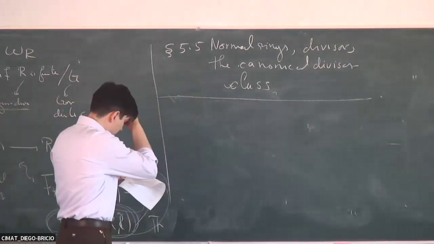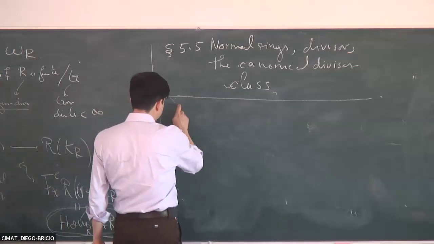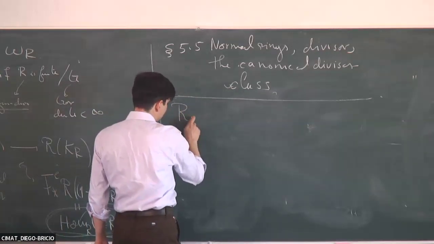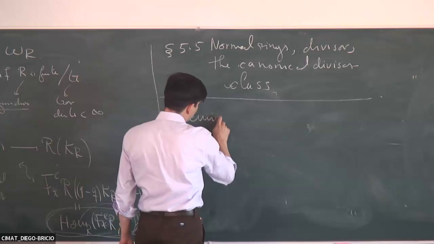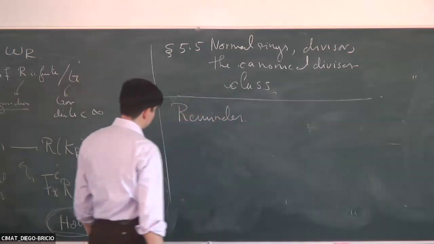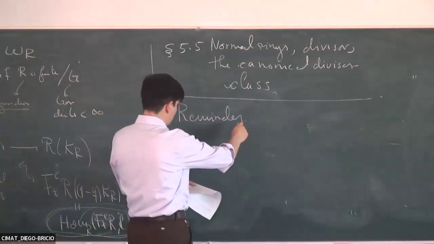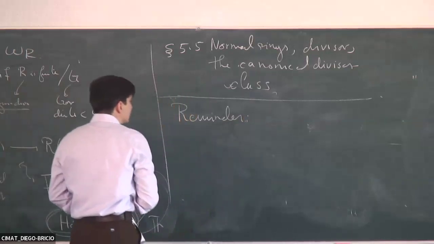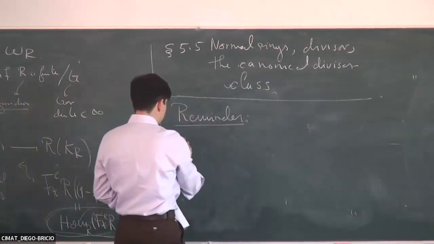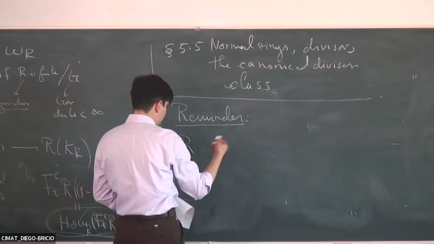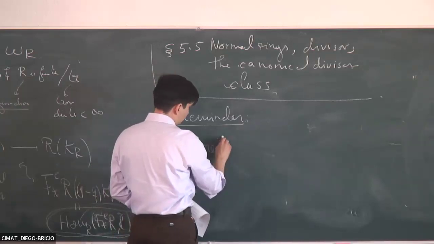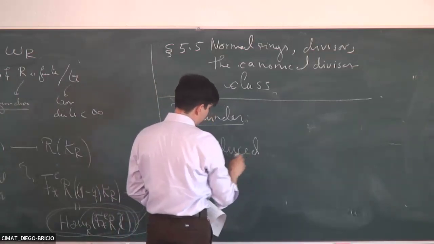Reminder, it's an exercise. I think I let you do that as an exercise a while ago. But let's recall what this is. Let's take R, any ring. How do you understand reducedness?